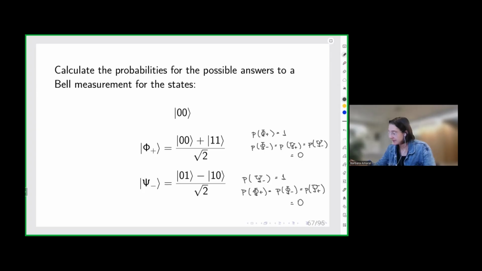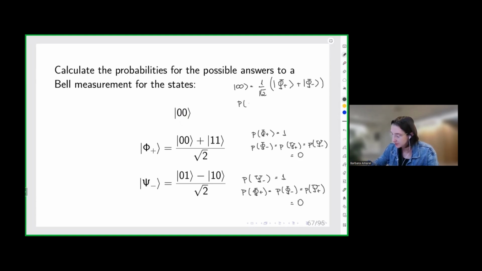Now, for this first vector here, I have to write it in terms of the Bell basis. So you can check that 0, 0 is the same thing as 1 over square root of 2 times phi plus plus phi minus.